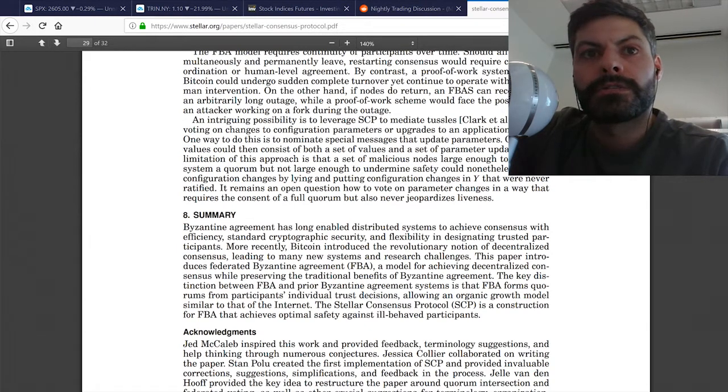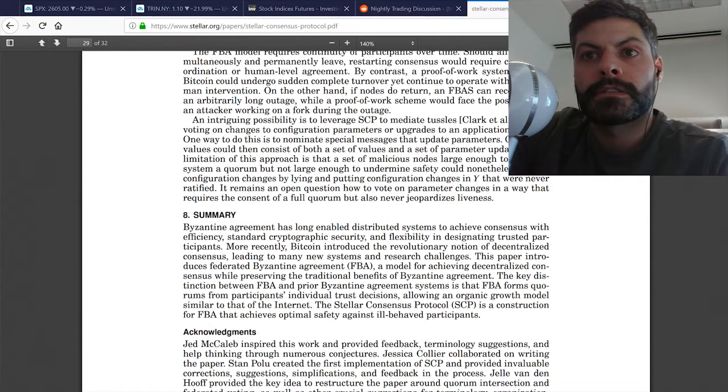This paper introduces Federated Byzantine Agreement, FBA, a model for achieving decentralized consensus while preserving the traditional benefits of Byzantine agreement. The key distinction between FBA and prior Byzantine agreement systems is that FBA forms quorums from participants' individual trust decisions, allowing an organic growth model similar to that of the Internet.